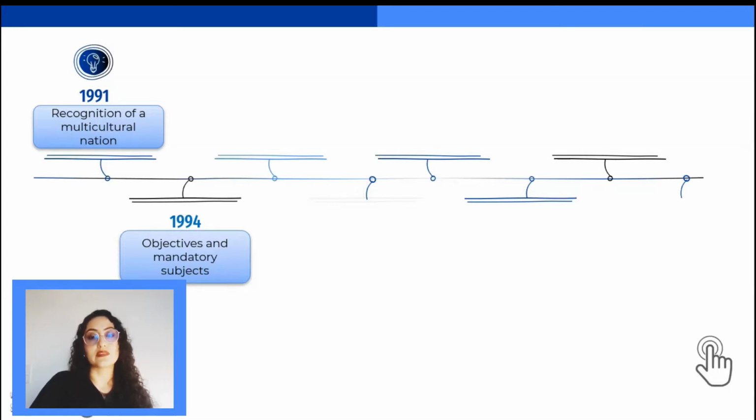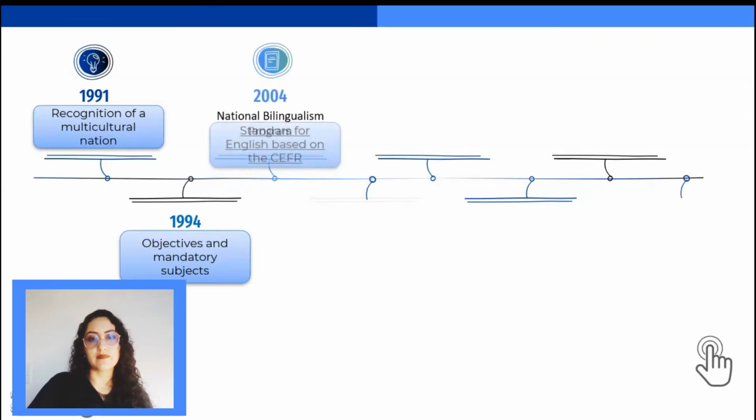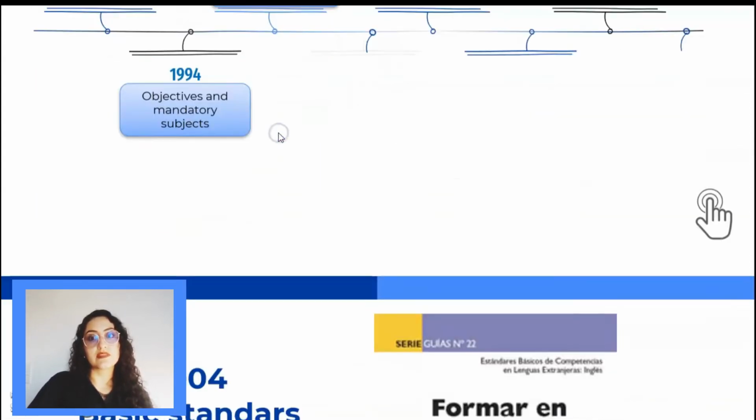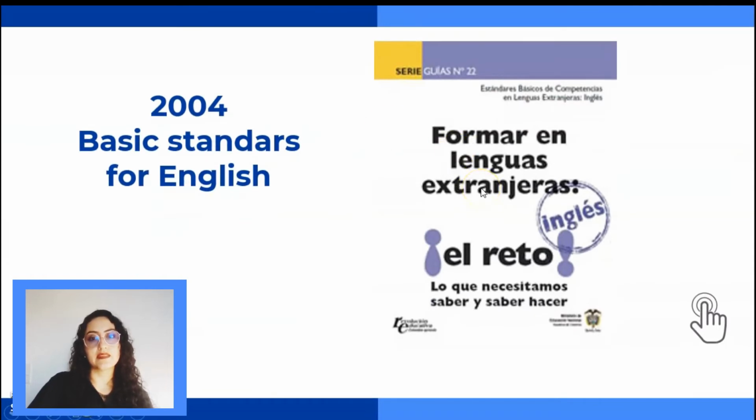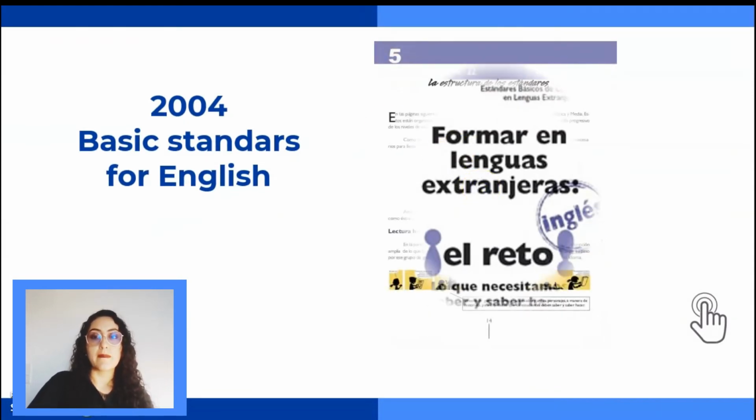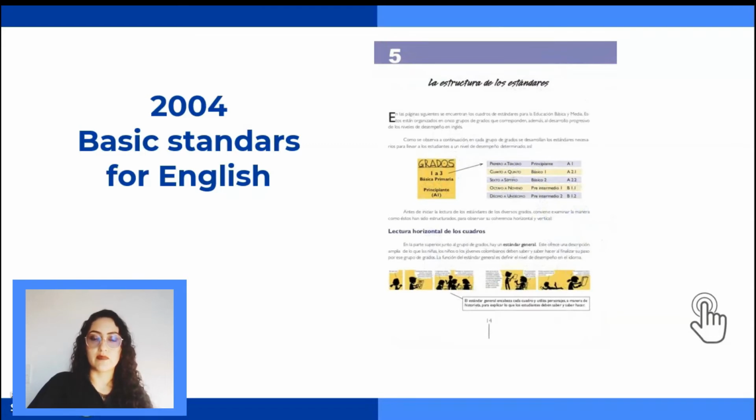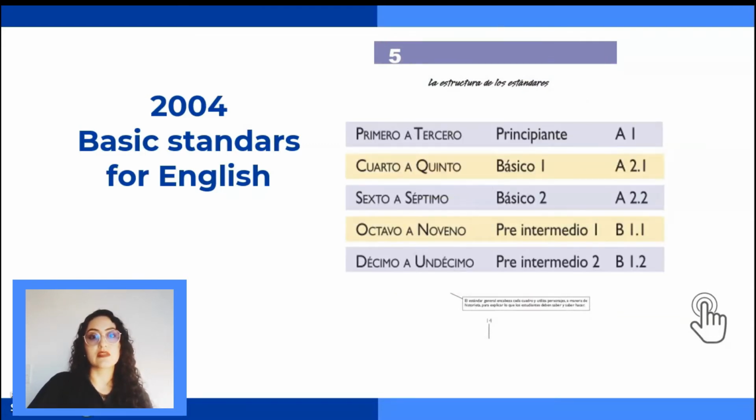And in Article 23, it said that learning a foreign language is mandatory and fundamental in elementary education. 10 years later was established the National Bilingualism Program. In this program was published the Guide 22 about basic standards for teaching English based on the Common European Framework. This document included the standards from 1st to 11th grade, and it set the level that each grade should have.